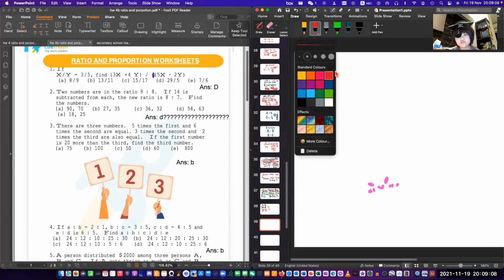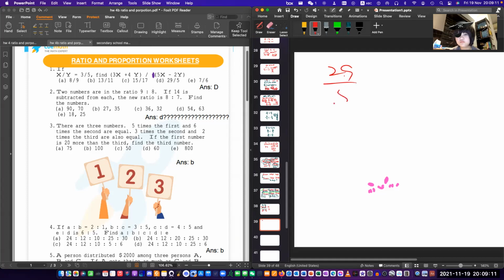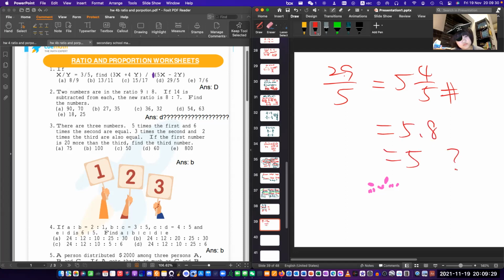What if your answer is 29 over 5? Do you need to get it into a mixed number? Whole number? Just do whole number? Yeah, 5. Because it's 25 what? So you are saying 5.8 and then the answer is 5? No, but you wrote 5 at the top of like 25 and 5 equals 5.